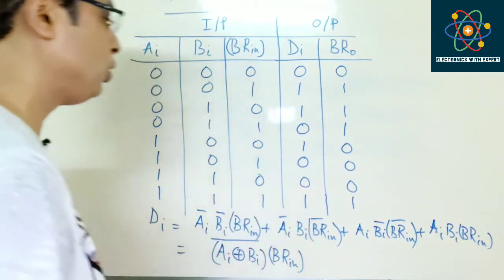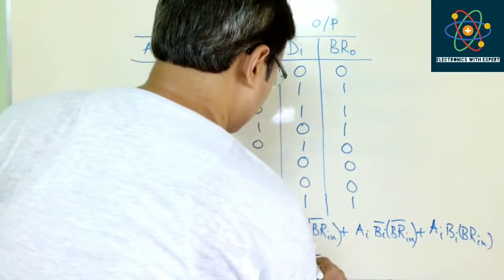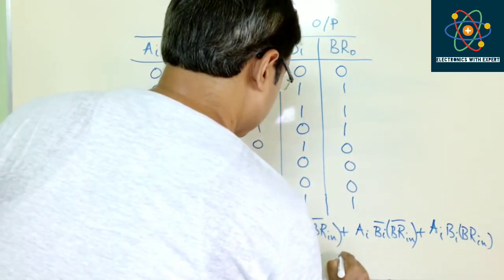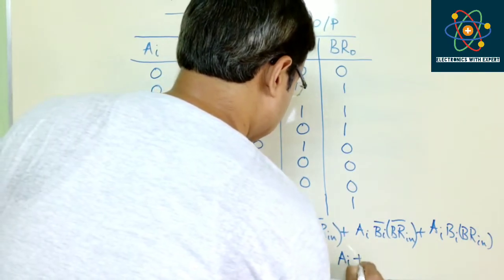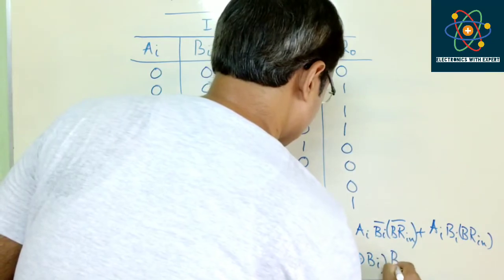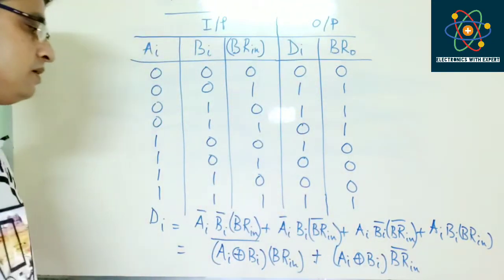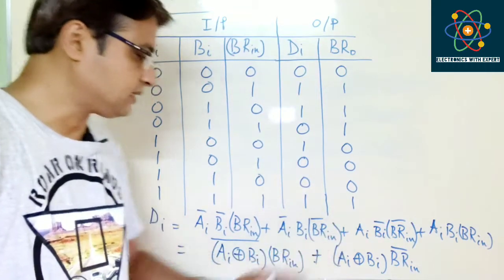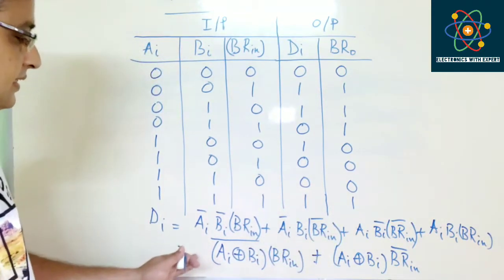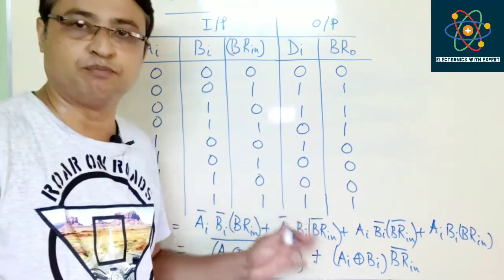And taking borrow in bar common from the second and the third term, we get Ai exclusive Bi, and this is the borrow in bar. So at the last term we can write this is actually Ai exclusive Bi exclusive borrow in.